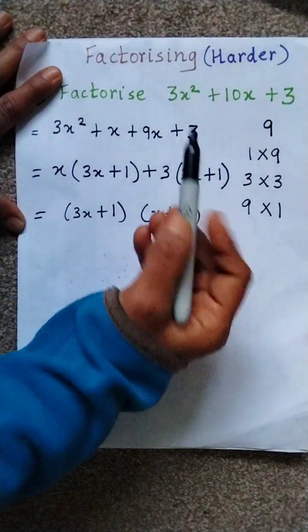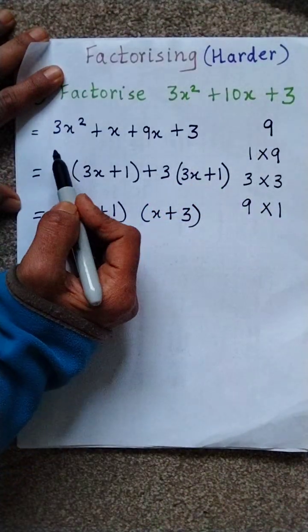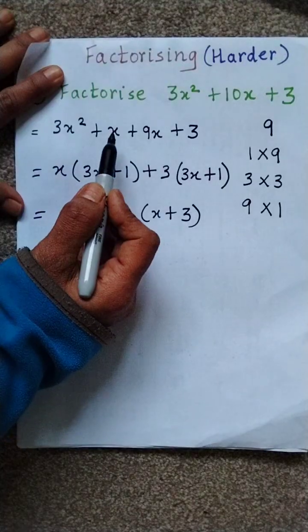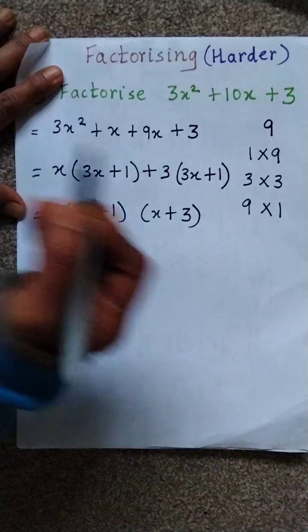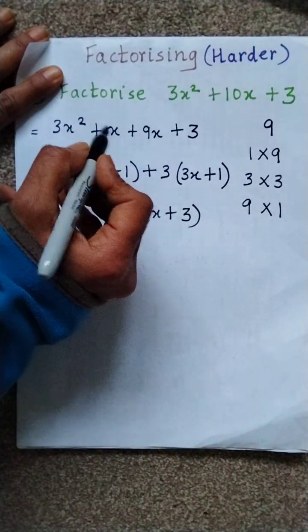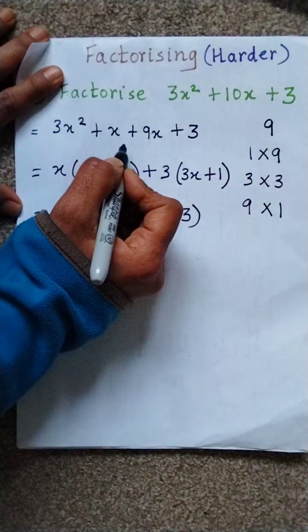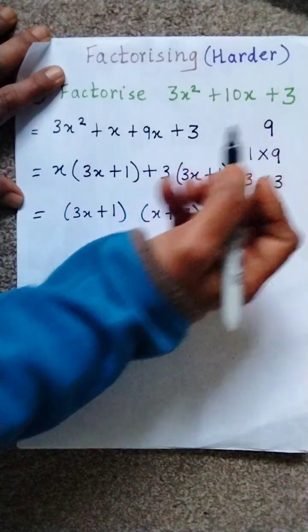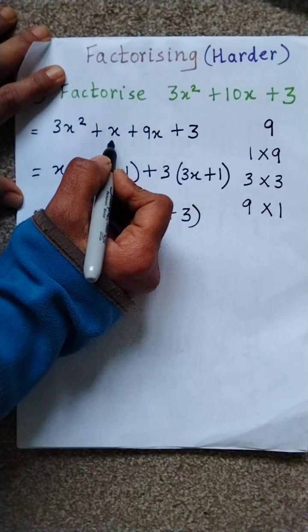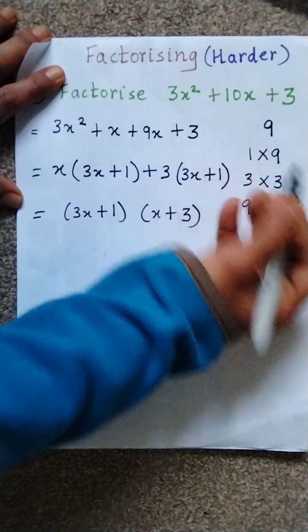Let me explain again. 3x square plus 10x plus 3. We have split it as 3x square plus x plus 9x plus 3. Why did we split? Because we want the sum to be 10x and the product 9. 3 times 3 is 9, and 9 times 1 is 9, so we have taken x and 9x.